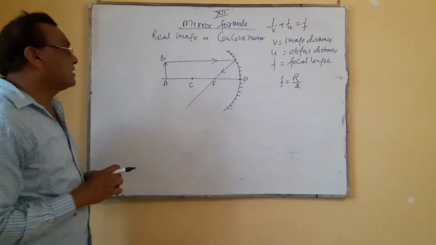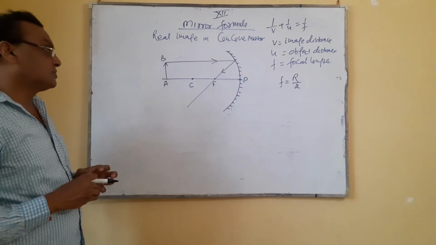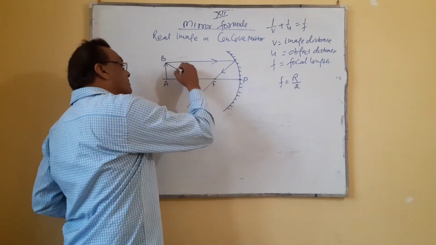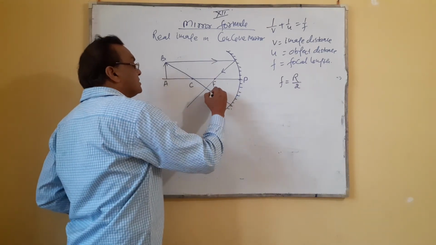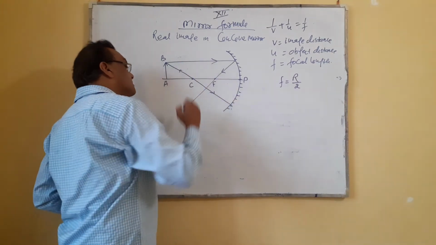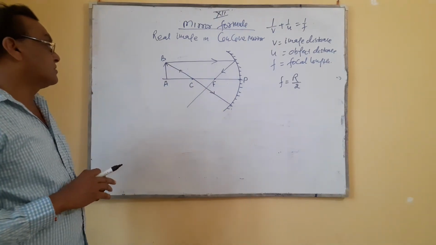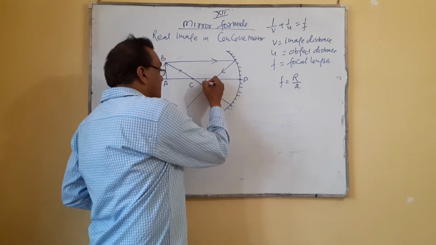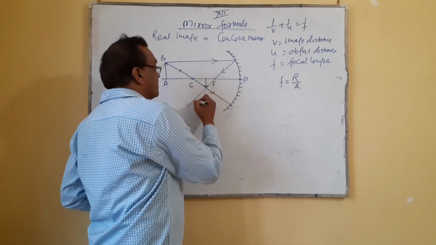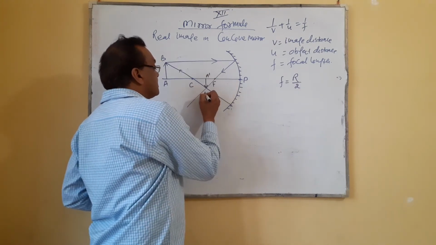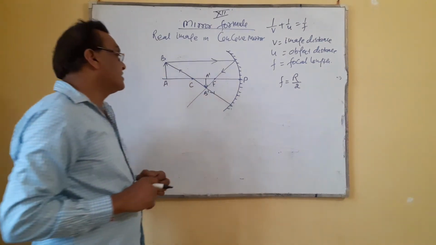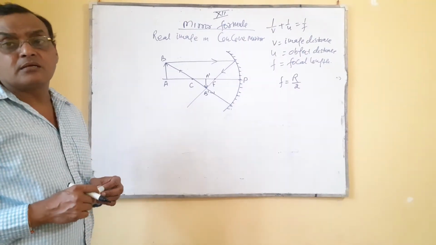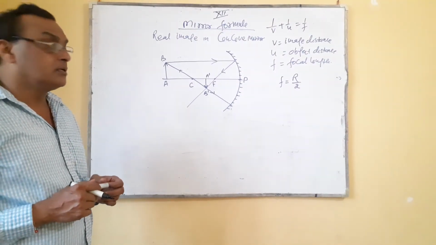The second ray passes through the center of curvature and retraces the same path. A dash B dash is the image. So here the image forms between F and C.